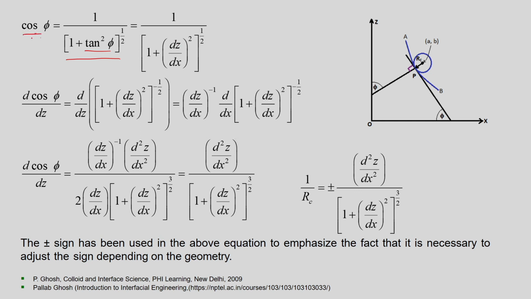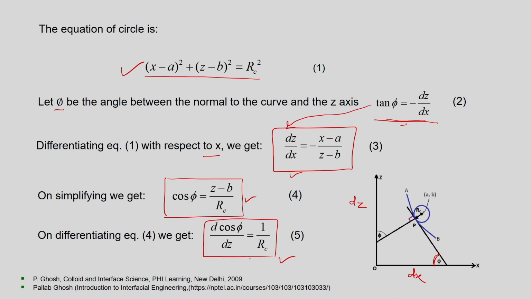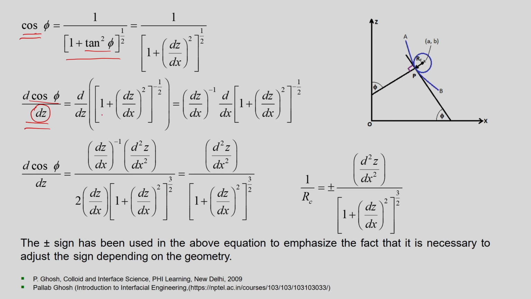Now again you take the derivative of cos phi with respect to z. Now, this cos phi you can take from the previous expression. So this expression you continue.